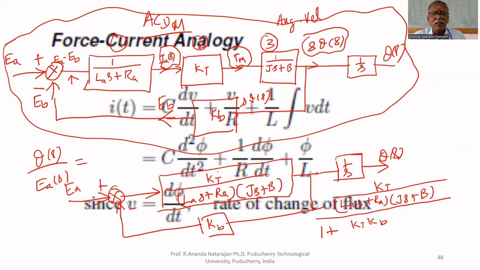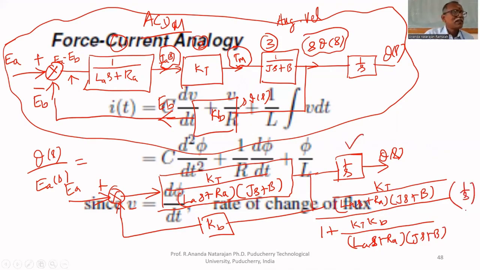Why KT KB? There is one KT, this KB, upon LAS plus RA multiplied by JS plus B. In addition, one more block is left out, that is 1 by S. If you combine these two, this becomes a single block.